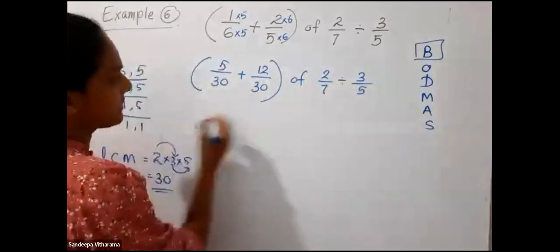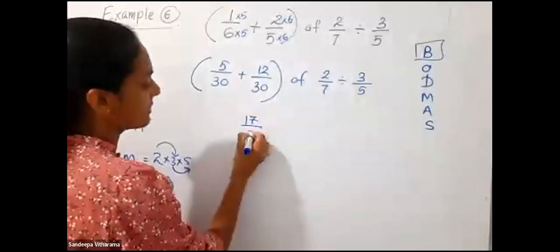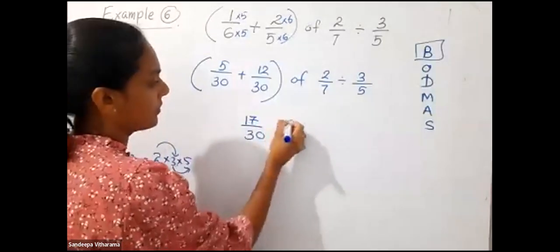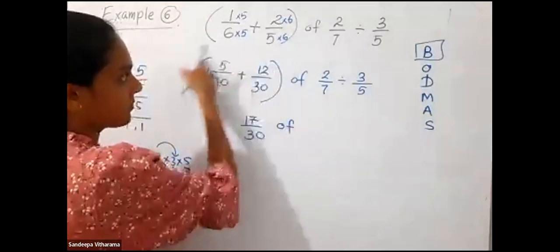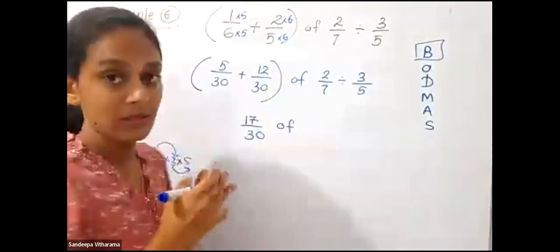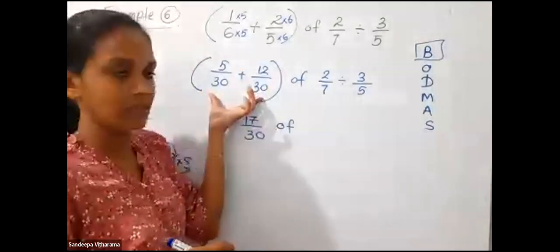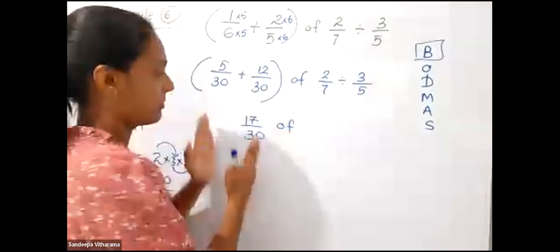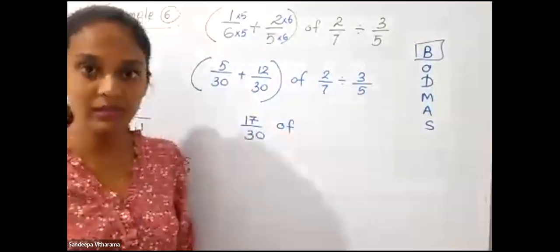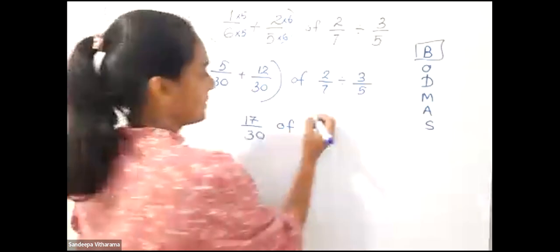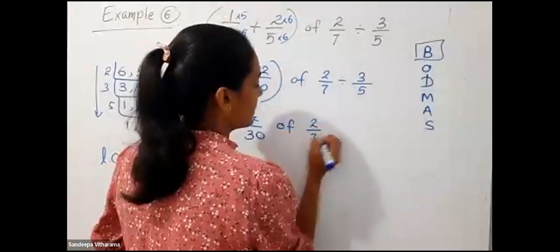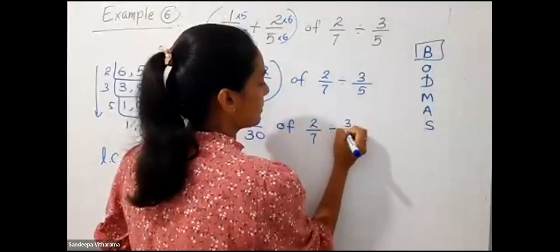Now look, it is 17 upon 30 of 2 upon 7 divided by 3 upon 5. What is within the bracket is reduced to one fraction.